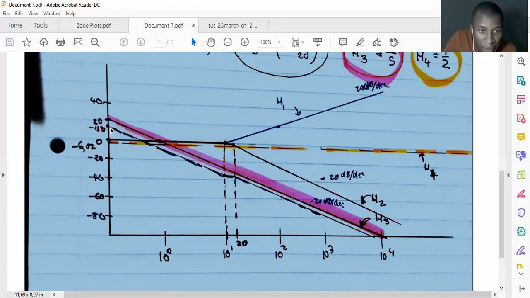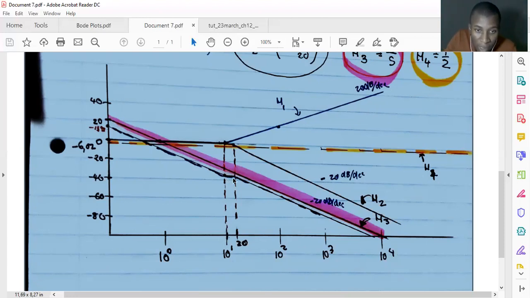So from that value, this will run at minus 20 if you add the slopes of this region, till this point. But when you get to this region, we have minus 20 of H3. So minus 20, plus the slope of H4 which is 0, plus 0. Here, the slope of H1 is 20. So minus 20 plus 0 plus 20 is 0.